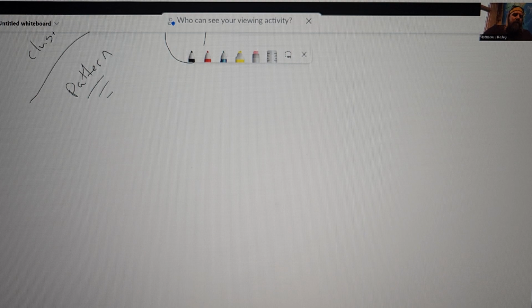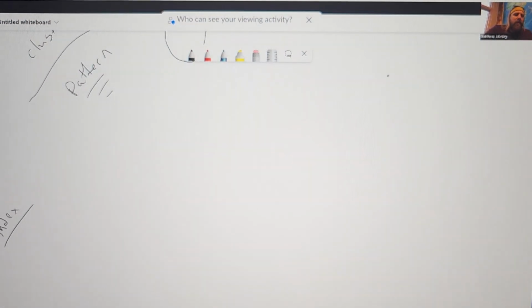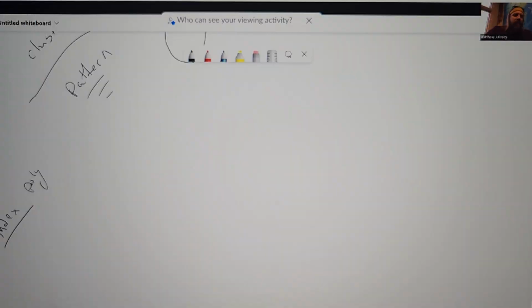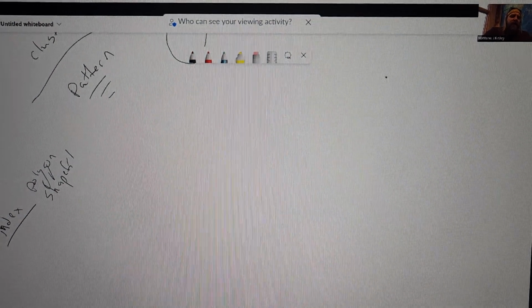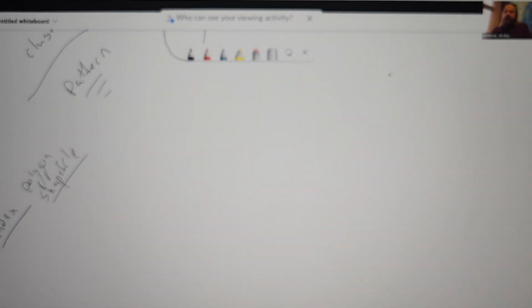So suppose we are indexing a single shapefile. I'm going to talk about shapefiles rather than feature classes or geodatabases. So let's say that we have a polygon shapefile, and I'm saying shapefile because it's a little more legible than me talking about a feature class with features in it.